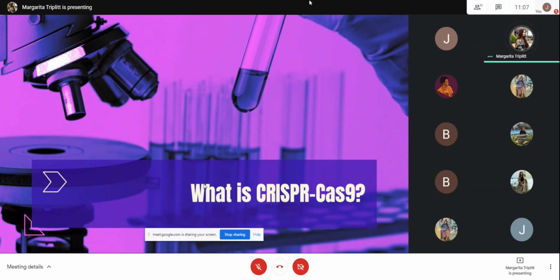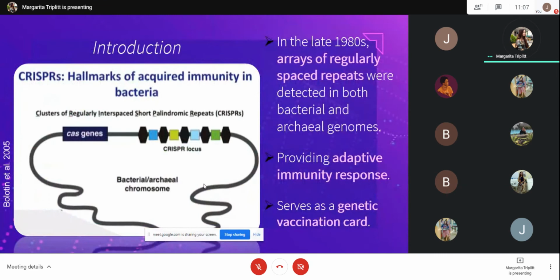So when a bacterium encounters a virus for the first time, it stores the viral genome in its bacterial chromosome, more like a genetic vaccination card. Incorporating the viral genome can help them cut the virus's DNA, mess up its function, and disrupt the life cycle of the virus.